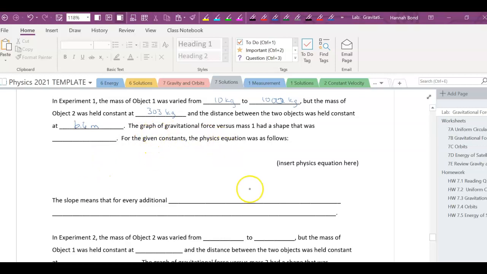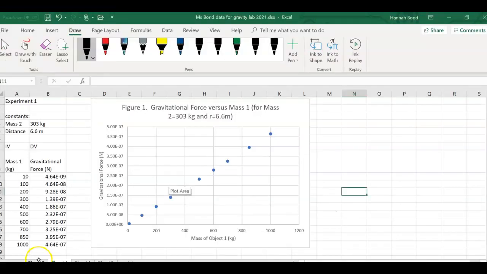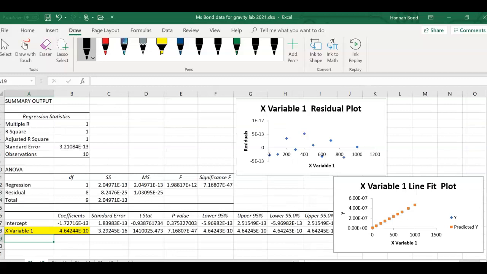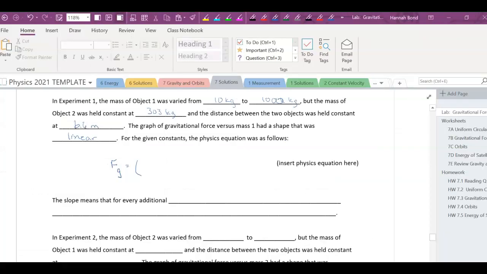The graph had a shape that was linear. And so I would write my physics equation here. The gravitational force, and I'd have to go back, I guess, and find that physics equation, but here I can go. My slope was 4.642 e to the negative 10th.